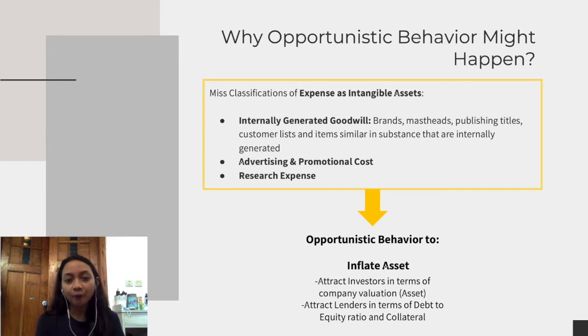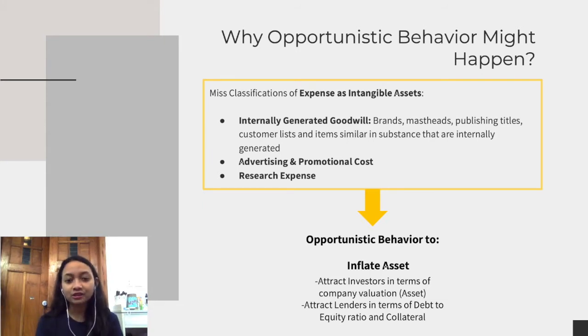And also, companies often recognize internally generated goodwill, such as brands, publishing titles, mastheads, and customer lists, and items similar in nature, as intangible assets, while in fact, according to IAS 38, these items cannot be classified as intangible assets.